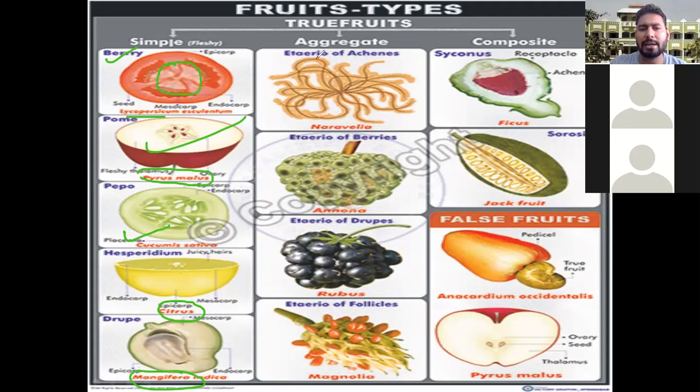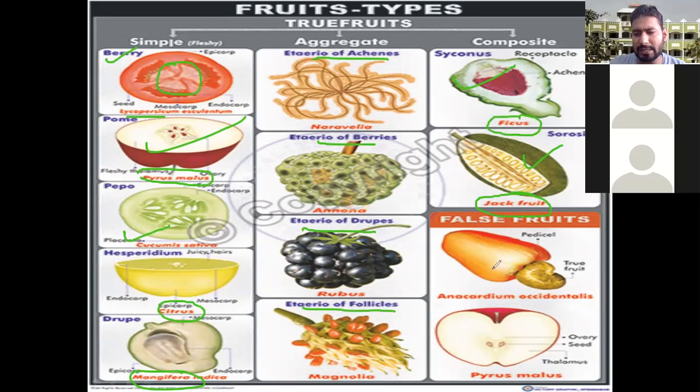Then aggregate fruits: etaerio of achenes, berries, drupes and follicles. And composite fruits are the syconus and sorosis. Sorosis is found in jackfruit and syconus in ficus.